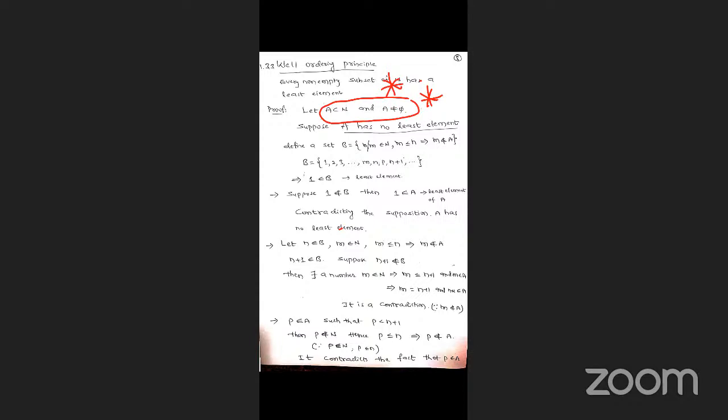Suppose A has no least element. A is a subset having no least element.